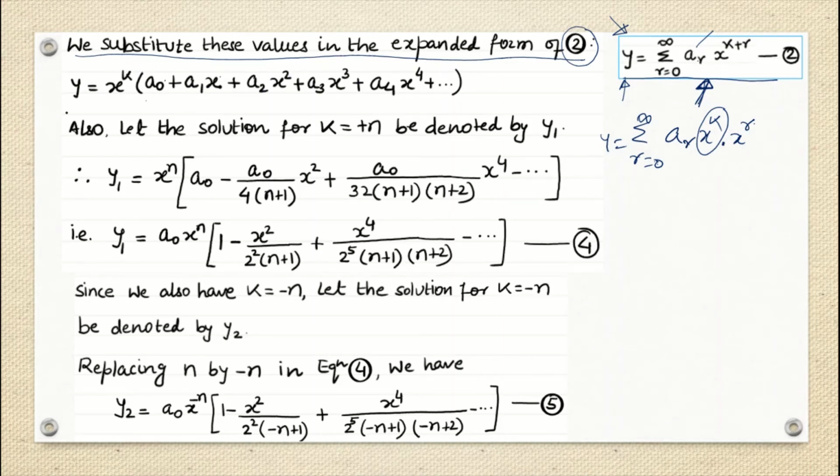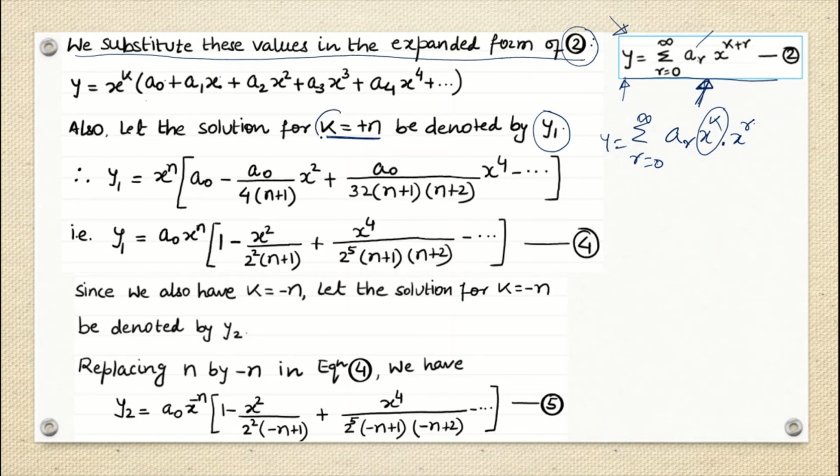Okay, so now what I'm going to do here: let the solution for k equals plus n be denoted by y1, because the k values are plus n and minus n, two values. Right now we are working on the first part, that means we are finding out if k is plus n, so this is nothing but y1. So y1 is what? We have said k is n, correct?